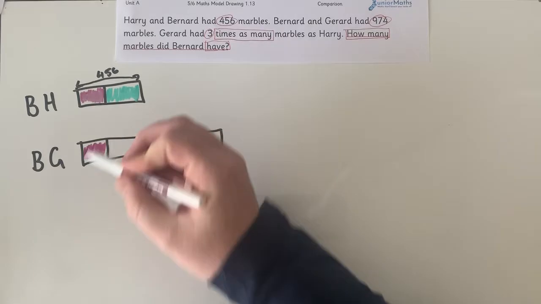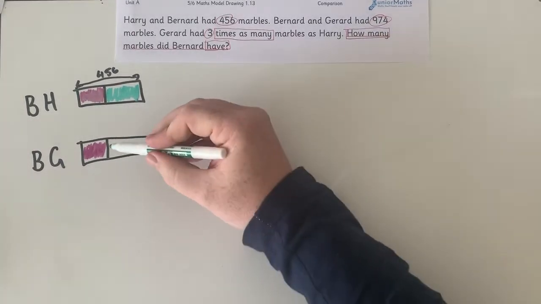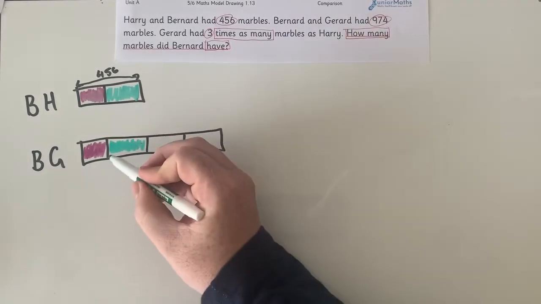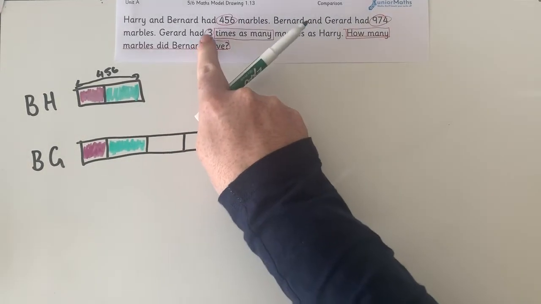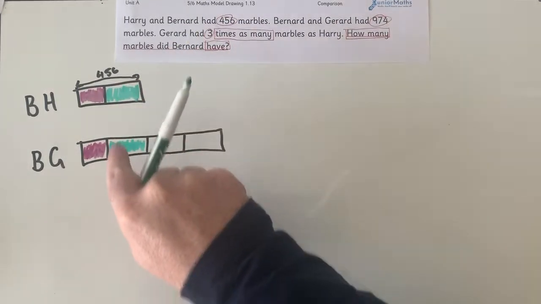So there is Bernard's amount, and here is Jared's amount. Now I'm doing it in green because in the question it says Jared has 3 times as many as Harry. So this and this is an equal part.